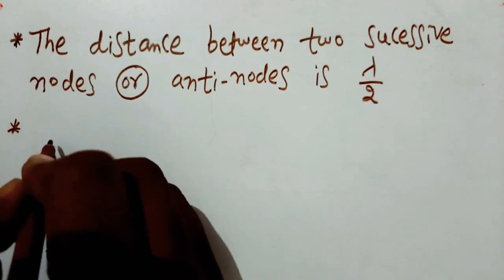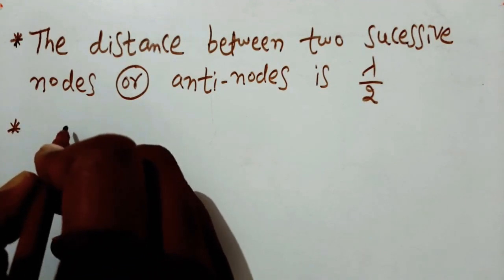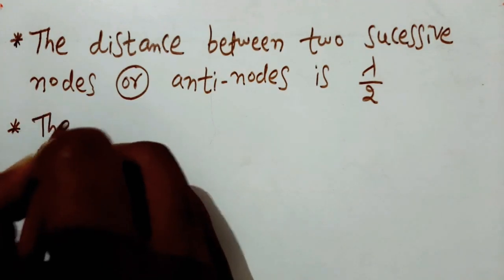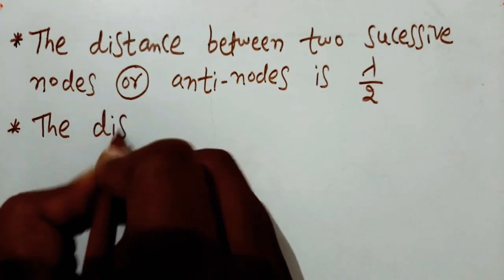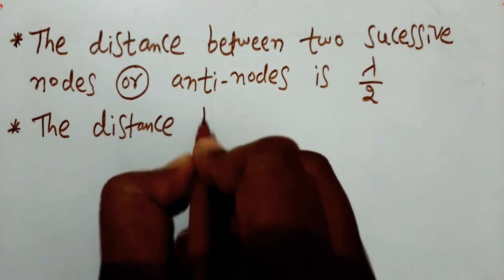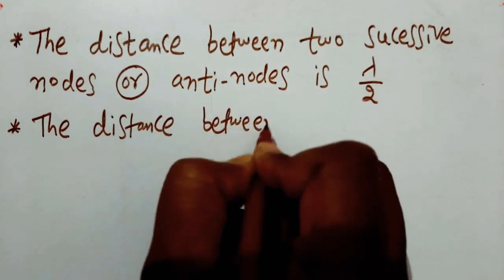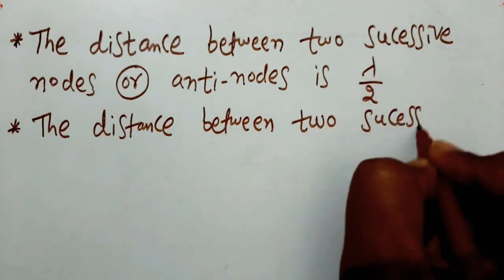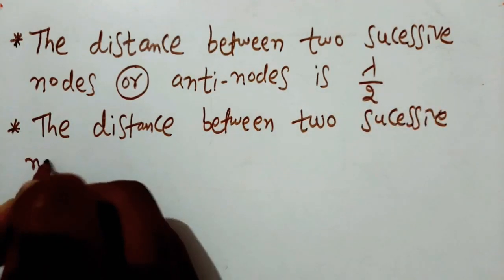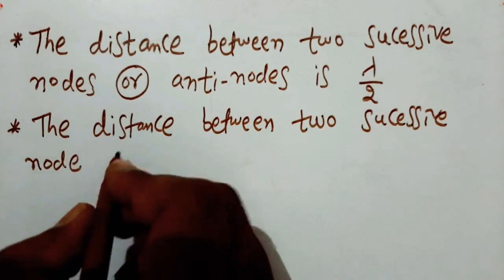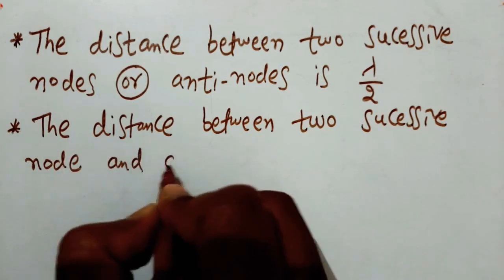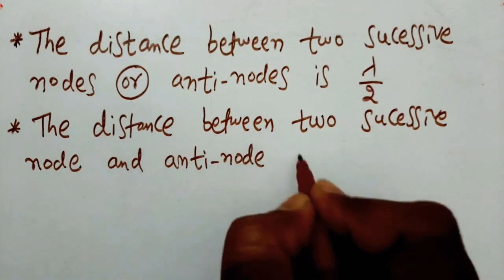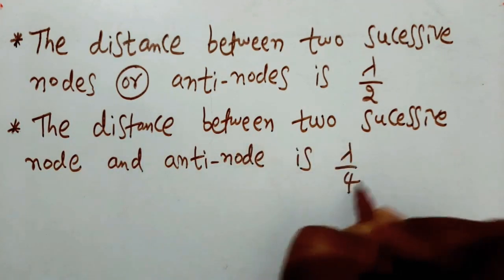The distance between a successive node and antinode is lambda by 4.